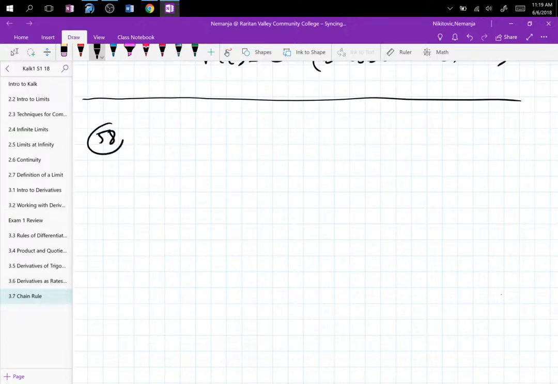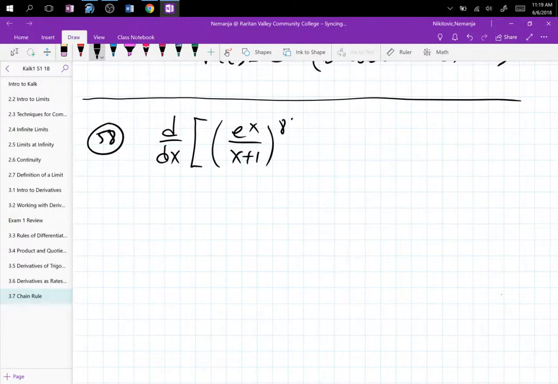So, for instance, problem 58 says, find the derivative of (e to the x divided by x plus 1), everything to the 8th power. So which two rules are we combining in this problem? Okay. Chain and quotient. Very good.